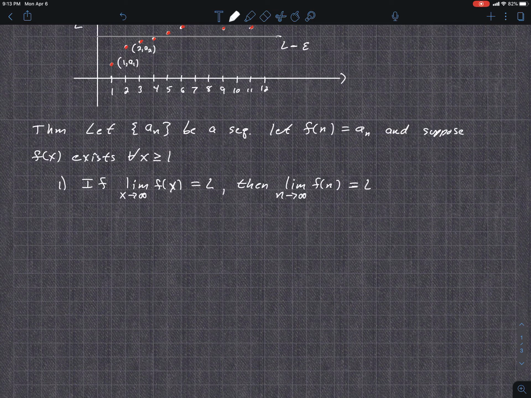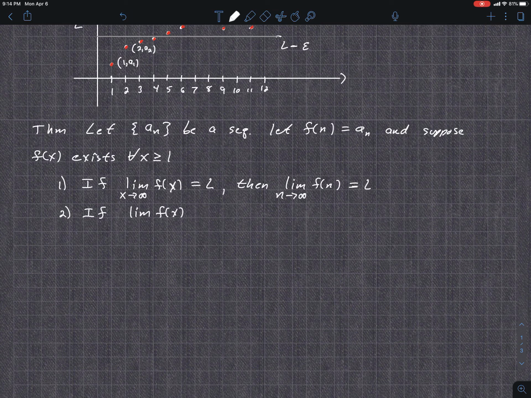So all the techniques we used for taking limits as you approach infinity will work for these sequences, which is nice. And also, if it diverges, then it also diverges. So that's the second piece.